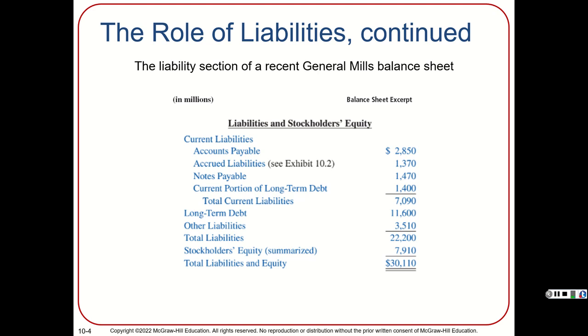For example, your rent expense or your electricity bill. You don't get your electricity bill until the middle of the month, but in most cases you can find out what you owe for that month so that you can book it on the last day of the month and have it in the month that you actually used the electricity. So those are your current liabilities.